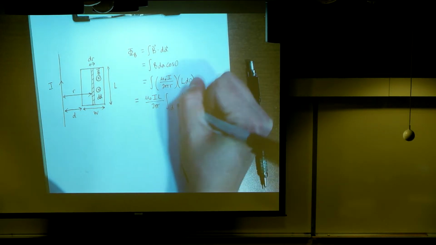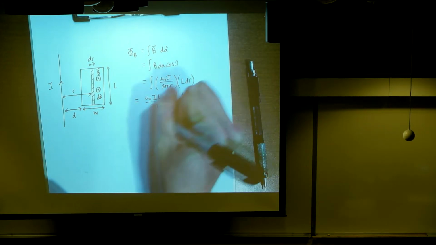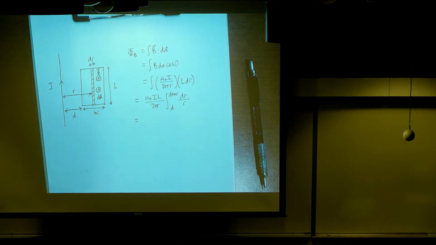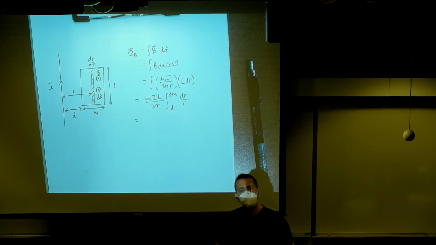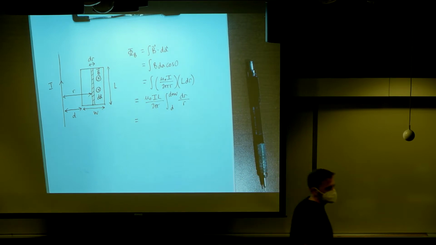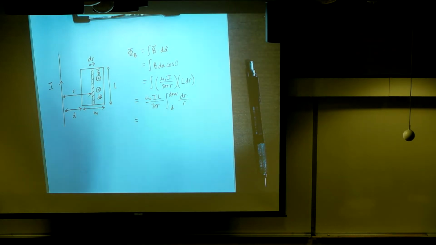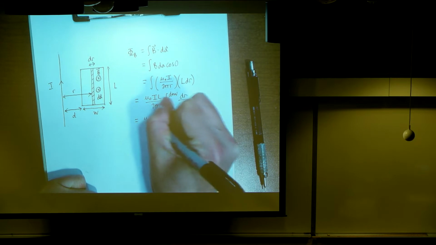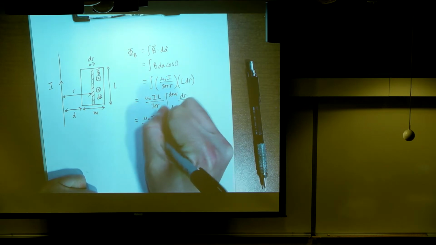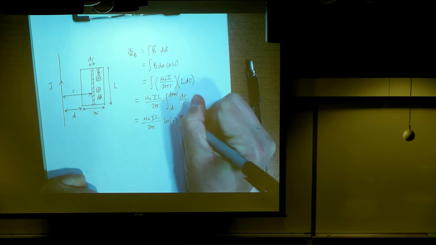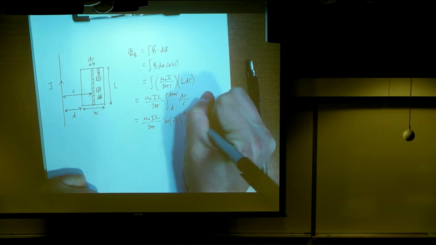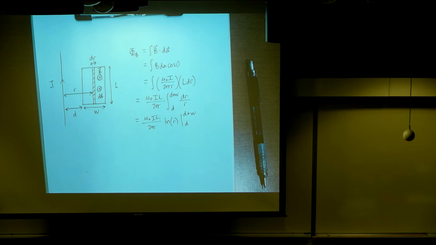This goes from D to D plus W. Now, what does 1 over r work out to when we integrate it? That gives you natural log, if you recall. So what we have is mu naught times I times L divided by 2 pi. This works out to natural log r, and we take that from D all the way out to D plus W.